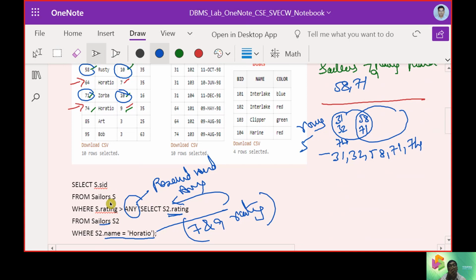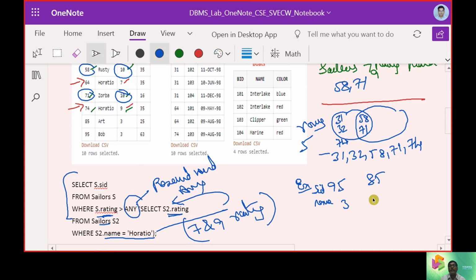Now we have sailor IDs, where their rating was greater than 7 and 9. When this is taken up, we assume the parts. For example, 95 is the sailor ID and sailor name, and it goes with rating 3.